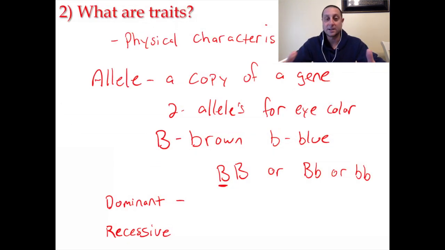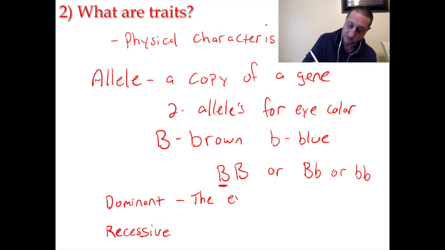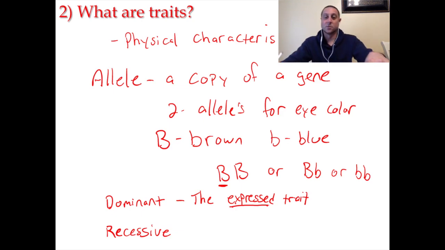That is going to overtake the recessive. It's stronger than the recessive, right? If you're a dominant basketball player, dominant track runner, you are the better one there. All eyes are on you. Dominant is going to be the expressed trait. So what does expressed mean? The one that you see for our situation.